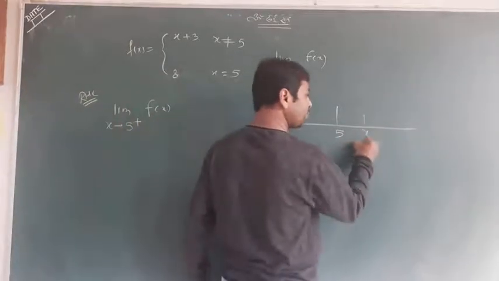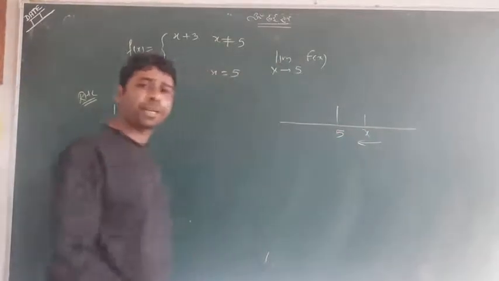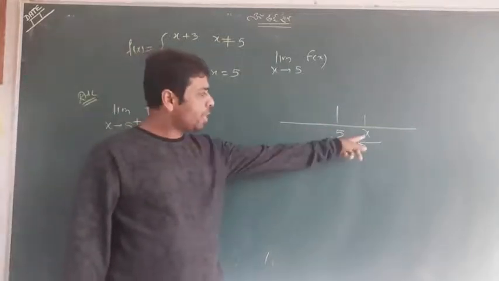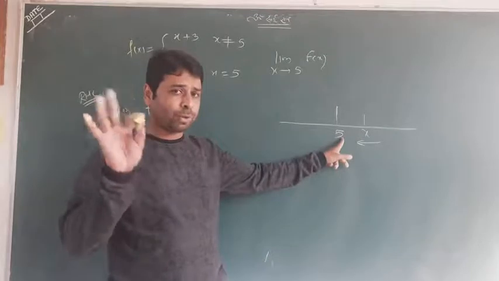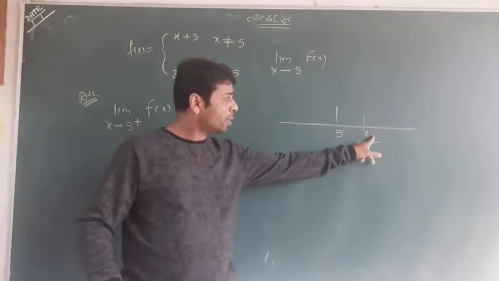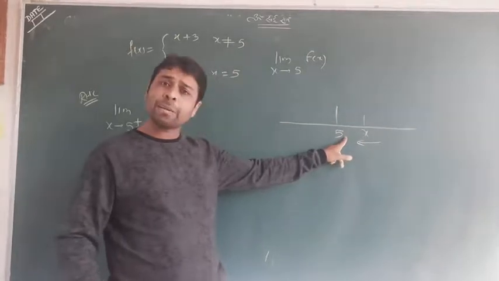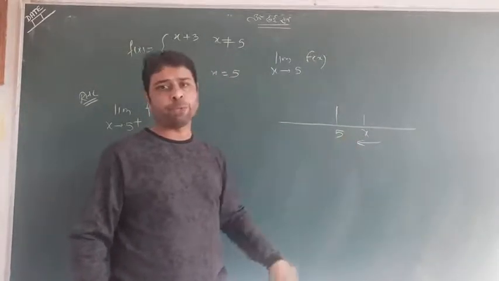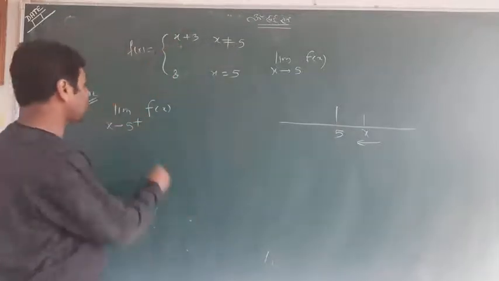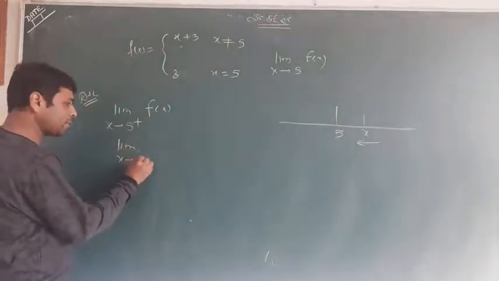Suppose x is here and x is reaching 5 from the right direction. Can you see the picture? X is coming to 5 but not equal to 5. X is coming slowly to 5, but ultimately x will never equal 5. So x is not equal to 5, meaning you will take x plus 3.